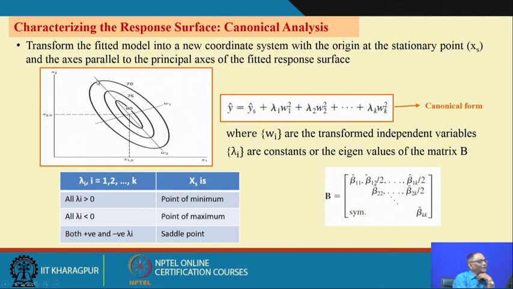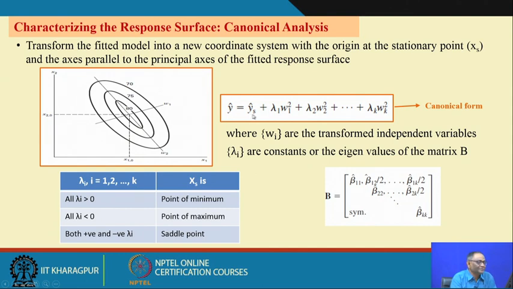So, you want axes, one is w1 and another is w2, which are parallel to the principal axis of the ellipse, not parallel to x1 and x2. So, you transform it. Then in the transformed dimension, your predicted response will become the response at the stationary point.